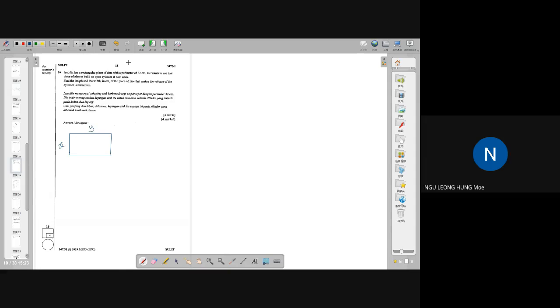Okay, so perimeter is 32. That means 2x plus 2y equal to 32. x plus y equal to 16. So x equal to 16 minus y. Ini okay, Viviana?